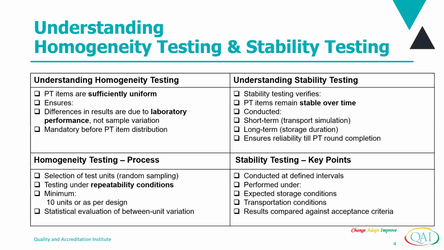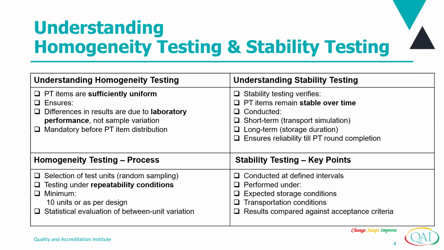This definition is also available in 13528, which is the prominent standard for the calculation of statistical data we receive from the participants. This is followed by the statistical evaluation of between-unit variations. The requirement for homogeneity checking is to ensure that the performance of PT items is satisfactory before conducting a PT scheme or round.